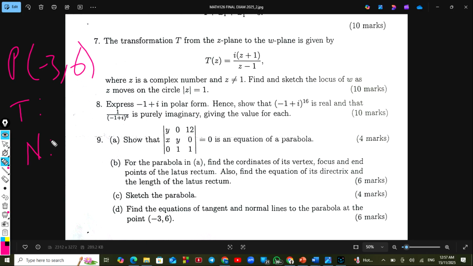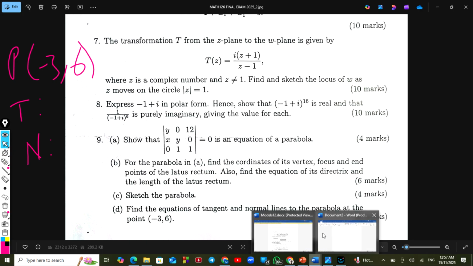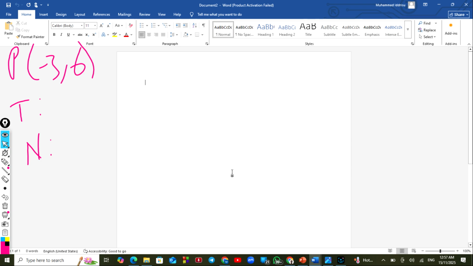Okay, so let me open the notebook once again. So we know that our equation will be in the form y minus y1 is equal to m, let me use mt, the gradient of the tangent, multiplying x minus x1.